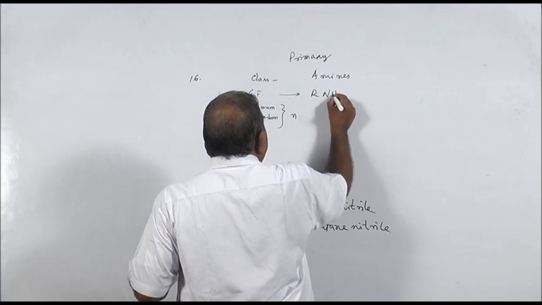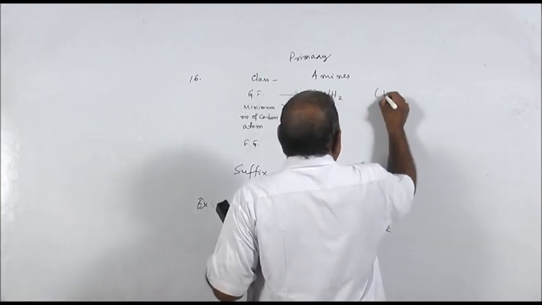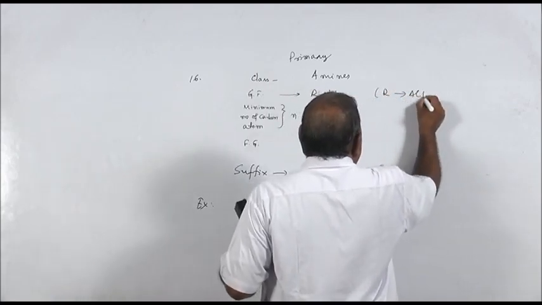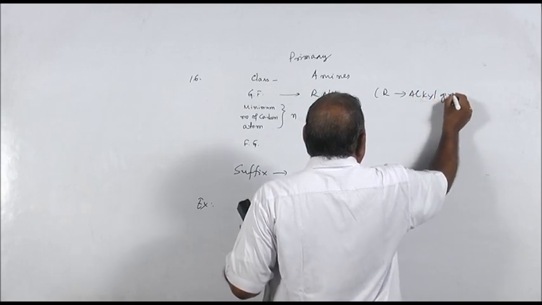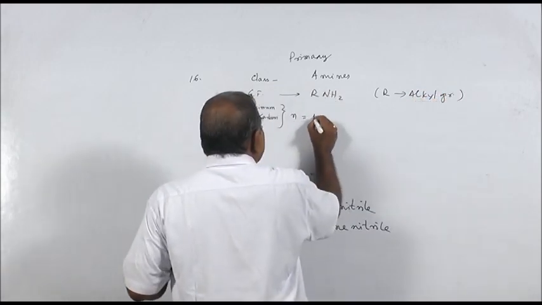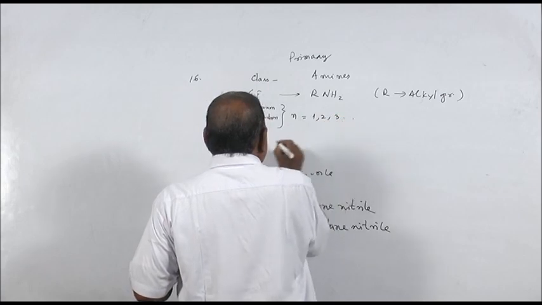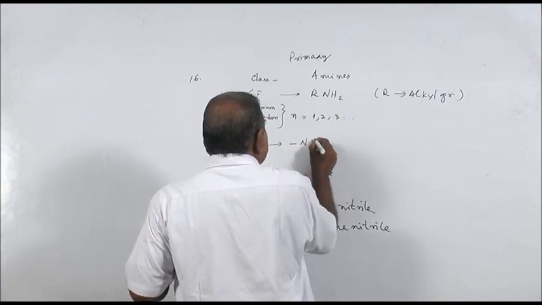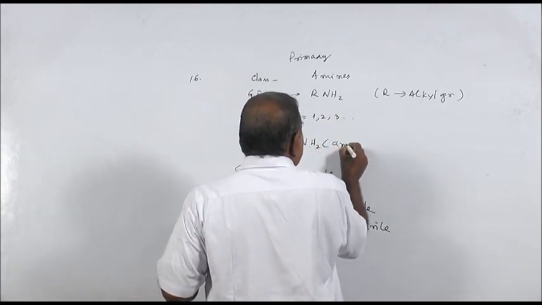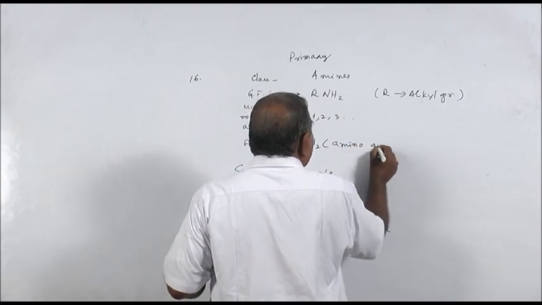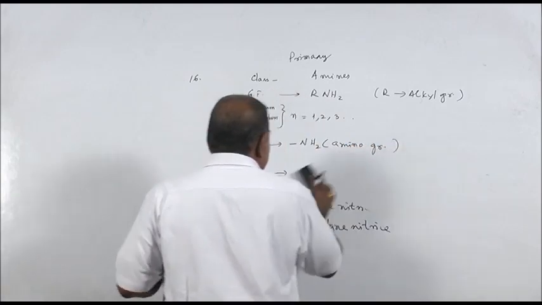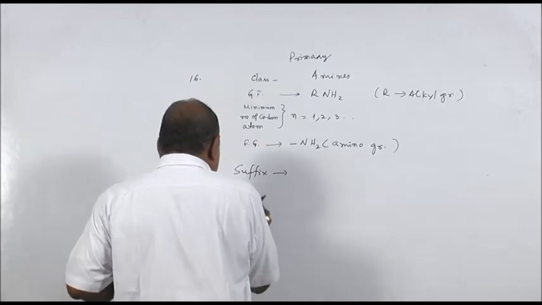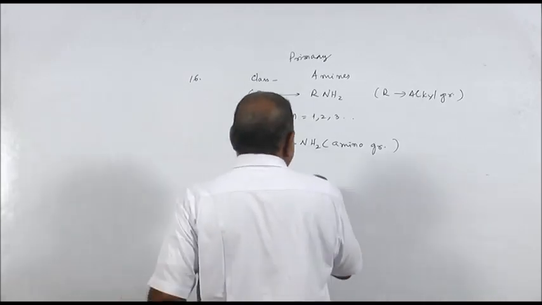General formula RNH2. R is an alkyl group. N value starts with 1, 2, 3 and so on. Functional group is NH2 group, called amino group. Here it contains a suffix only, that is amine.